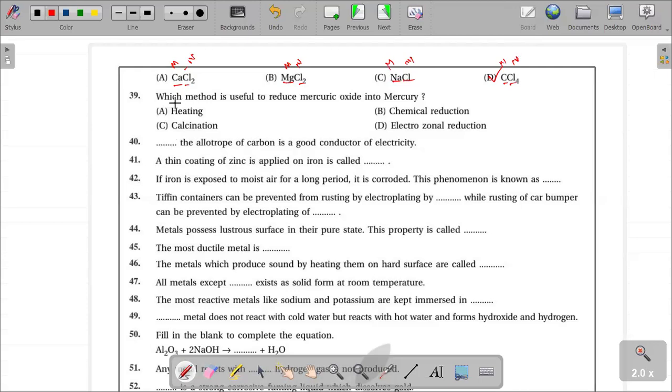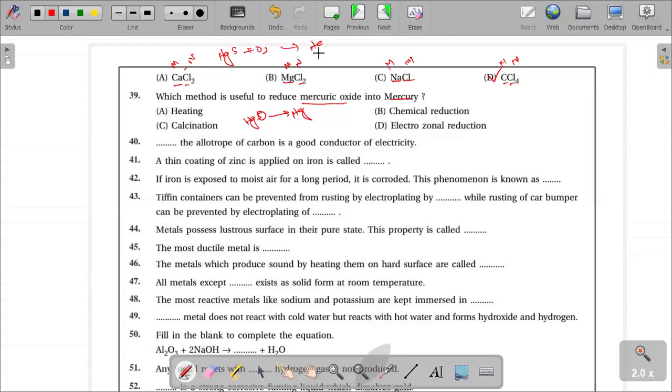Next, which method is useful to reduce mercuric oxide to mercury? That means which method are we using to get Hg from HgS? You have to take the ore. The ore name is cinnabar, HgS. When you heat it with oxygen, you will get HgO.